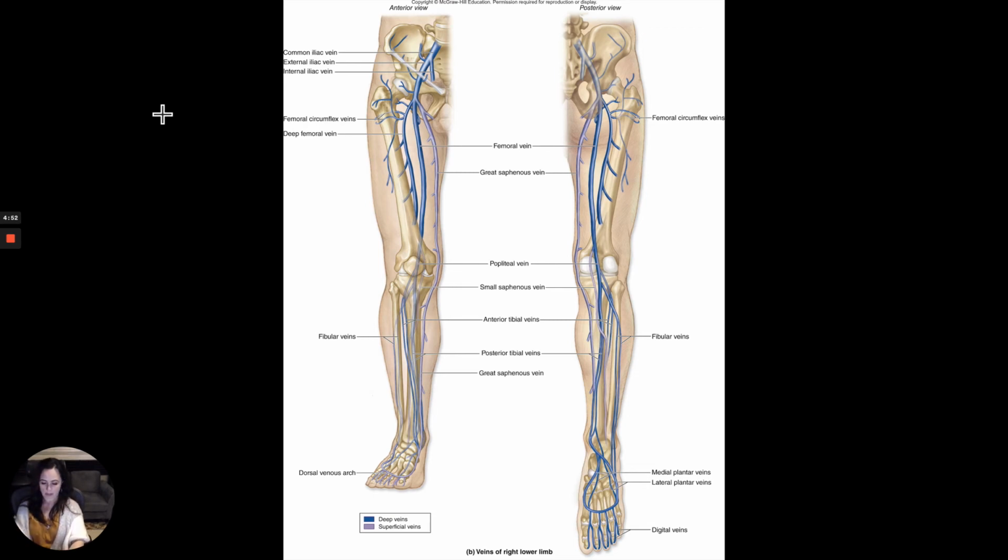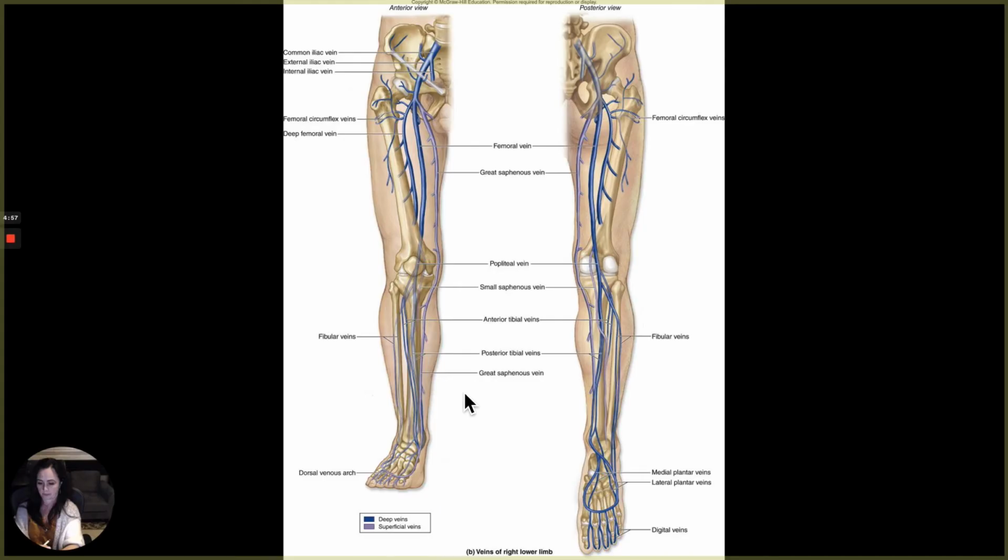Anterior compartment is drained by these guys, which are the anterior tibial veins, and those run anterior to the tibia. And then the posterior compartment is drained by these guys, which is the posterior tibial veins, and those run posterior. Those two will gather up together into the popliteal vein, okay?